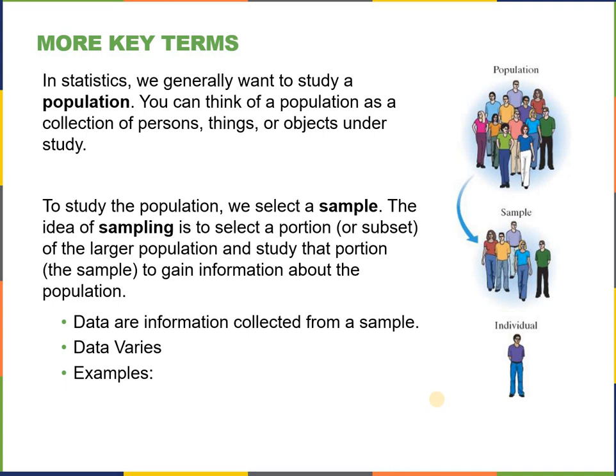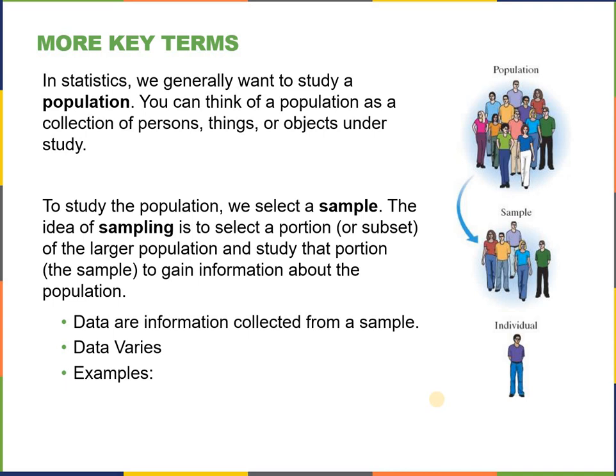To study the population, we usually select a sample. The idea of sampling is to select a proportion or a subset of the large population and study that proportion, which is the sample, to gain information about the population. Studying a population can be costly and it takes a lot of time.